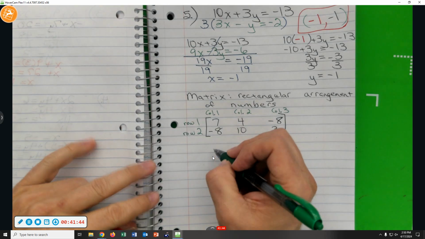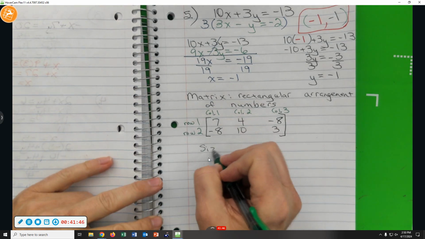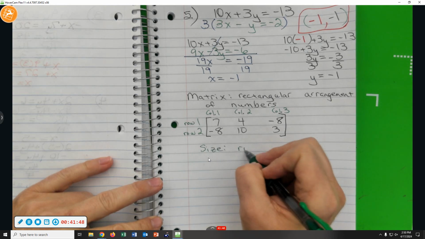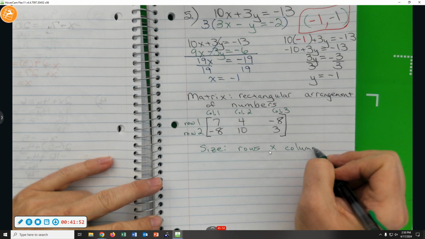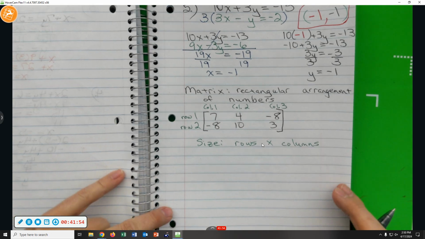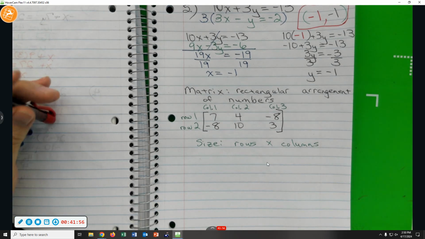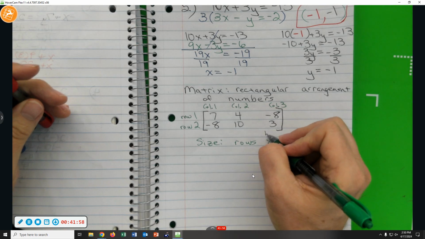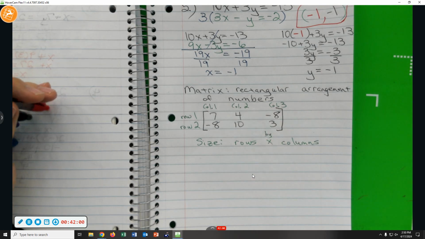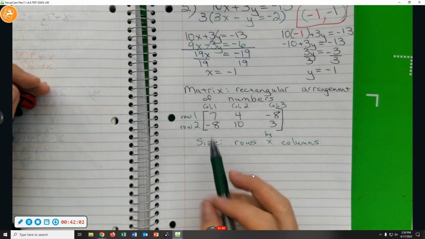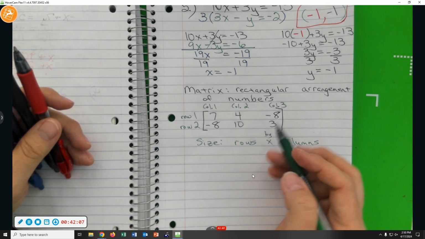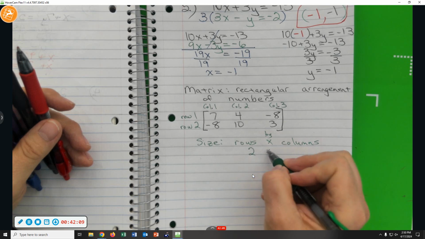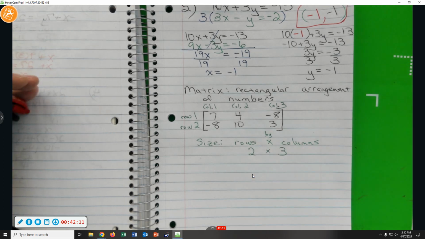Likewise, for a matrix, you give the size based on the number of rows by the number of columns. Now, you don't actually multiply. That's not a times, that's a by, like if you say you have a 12 by 15 room. So in this case, we have 2 rows and 3 columns. This matrix would have a size of 2 by 3.